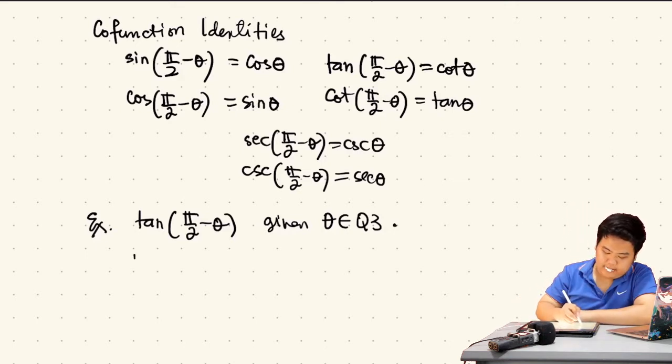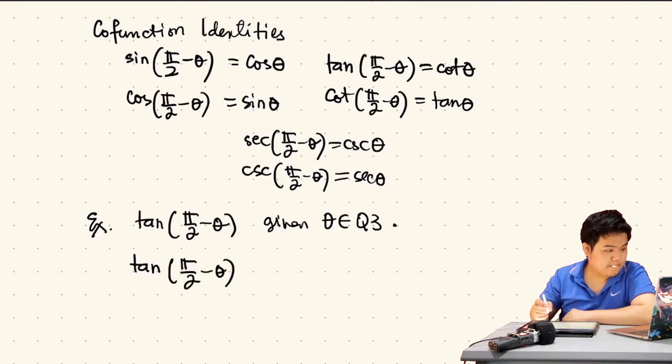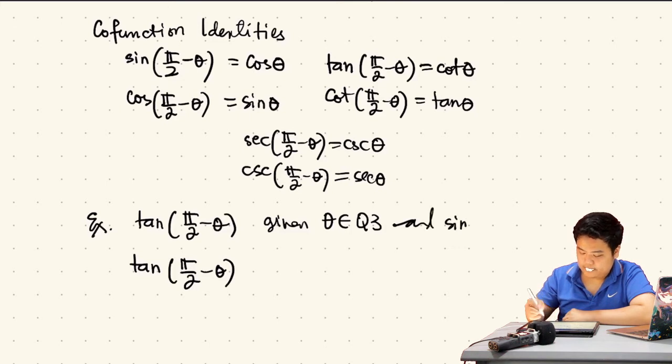So, sabi natin, tangent pi over 2 minus theta is... Ay, wala pala tayong binigay na sign. Let's say sine theta is equal to, quadrant 3, dapat negative. Let's say negative 1/2 lang.